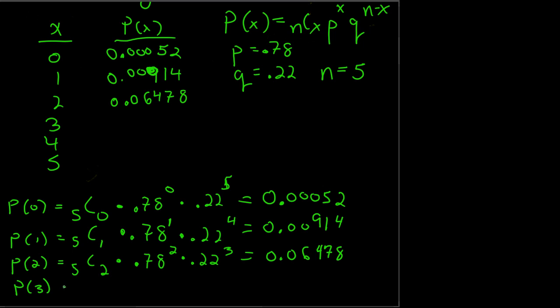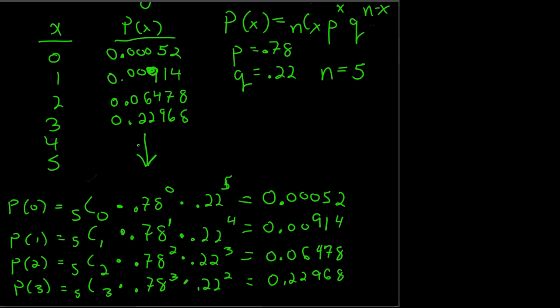And we continue building our probability distribution. And so I'll put in 3s, again using the up arrow on my calculator to save me from having to do loads of work. 0.22968. And you can see the repeat.